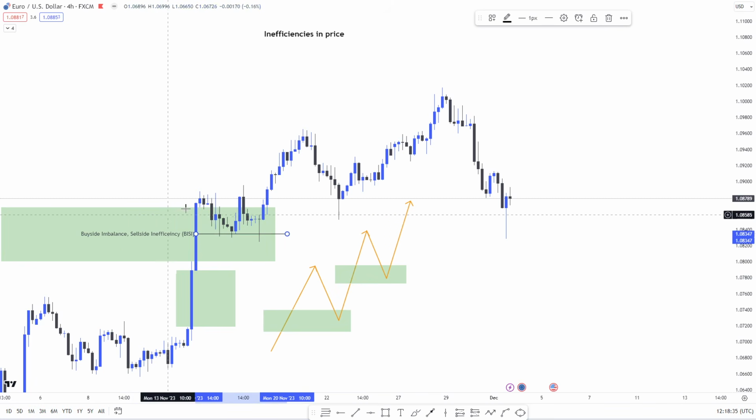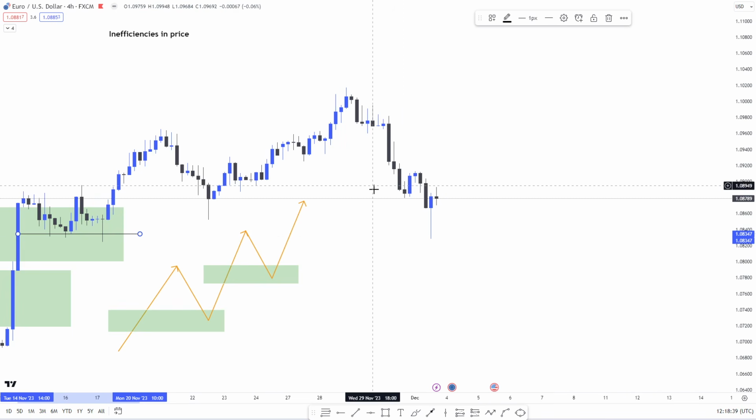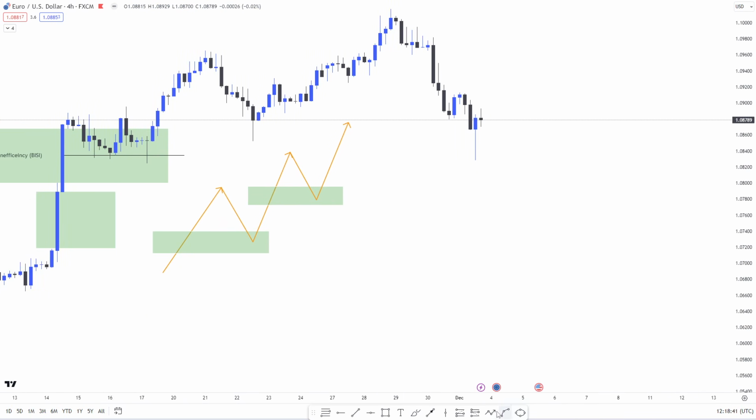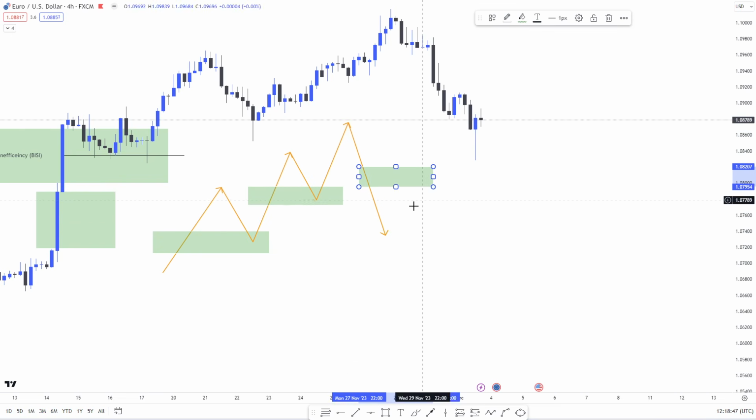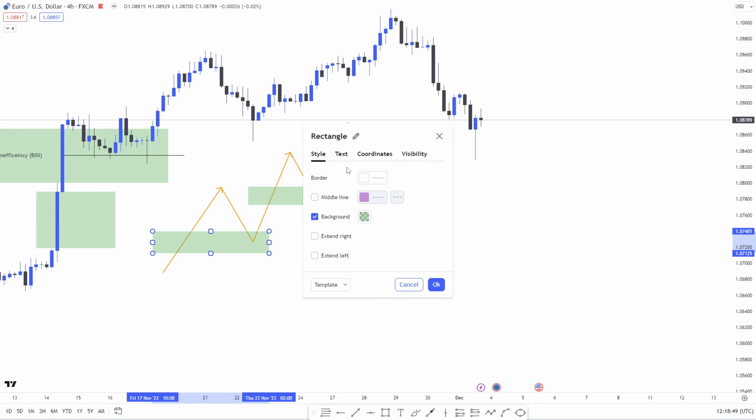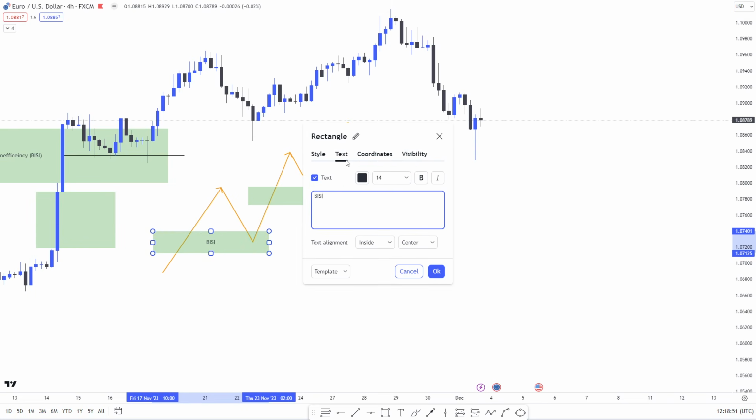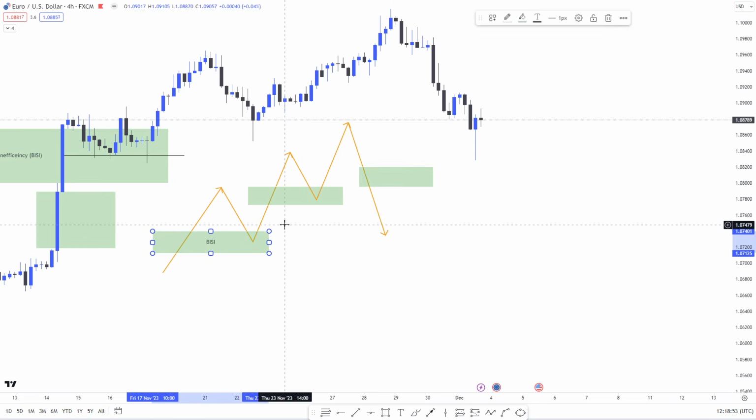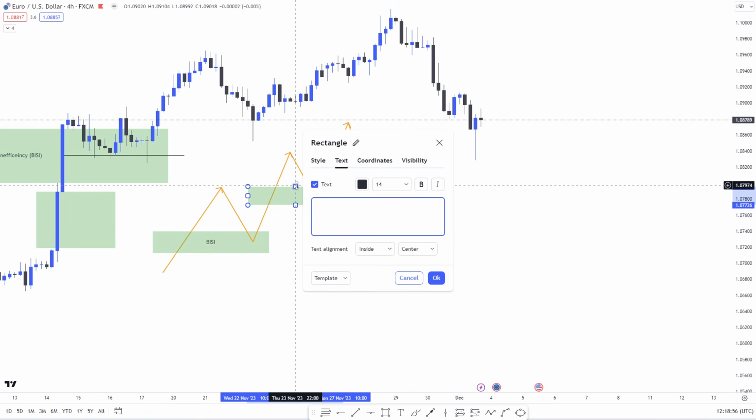And to invert it now the other way, and we can see loads of examples here, you can now see if price starts to reverse, it will leave more areas of inefficient price action. So we know now this is a BISI, buy side imbalance, sell side inefficiency.